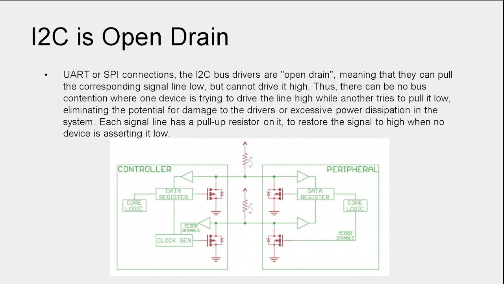Whenever you configure the GPIO registers, the output type has to be configured as open drain, and it needs a pull-up resistor. You can use the internal pull-up resistors through the pull-up pull-down registers in the GPIO registers.